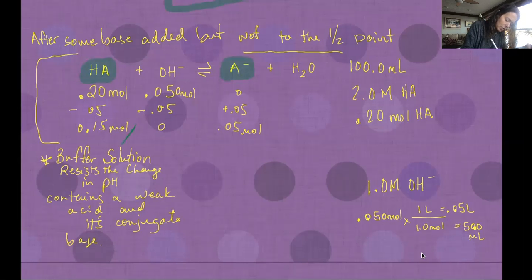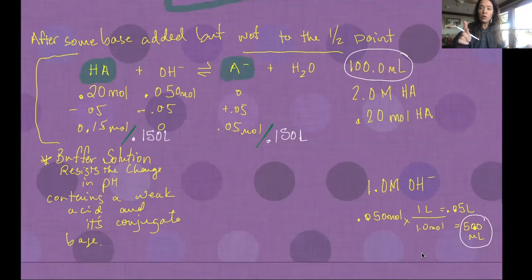We're going to divide by the total volume, which is 50 milliliters plus 100 milliliters, which is 150 milliliters, so it's 0.150 liters. We got our moles, we did the stoichiometry part, and we're dividing by the volume to get our new molarity.